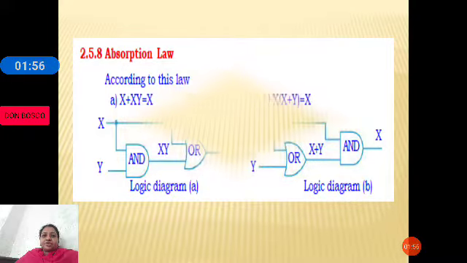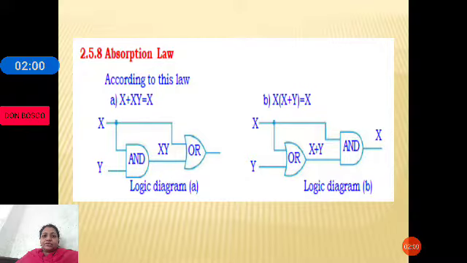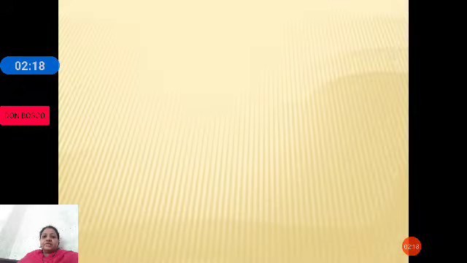The first absorption law says that x plus xy is equal to x, and the second absorption law says that if x is ANDed with x plus y, that is also equal to x. So let's prove this using the perfect induction method.